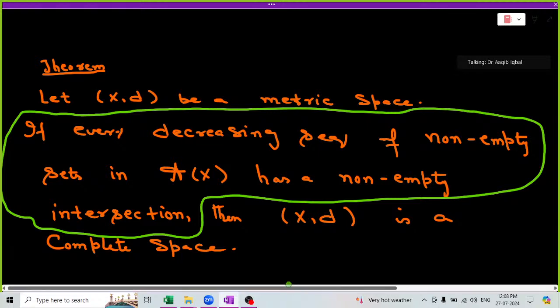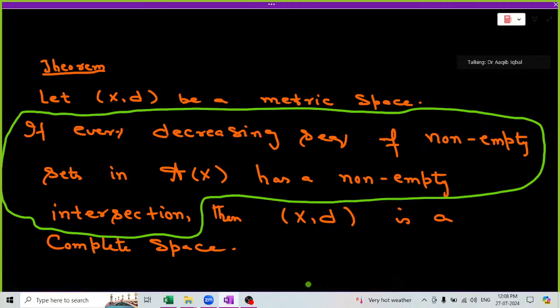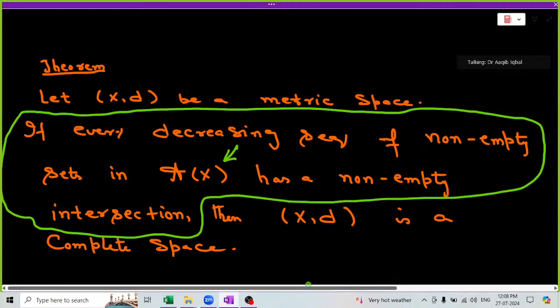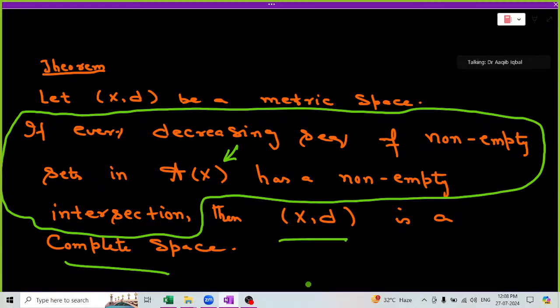We say AX is compact if this thing happens. And if this thing happens, it means space is complete. So that means in this terminology, compactness of AX guarantees completeness of XD.